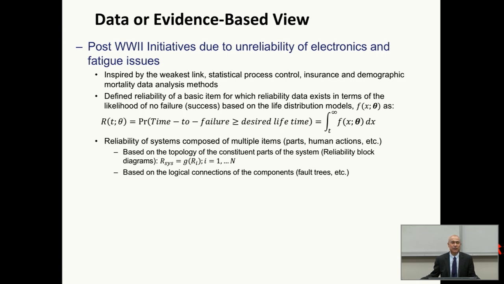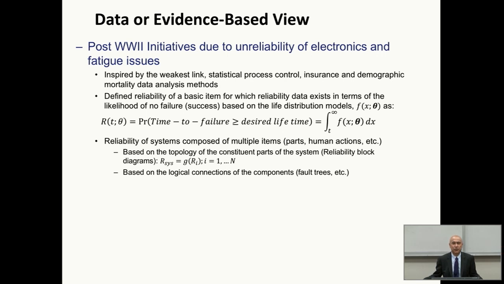Once you have the reliability of items for which we have the data, you can find the reliability of the system, which is a collection of different items. Typically, very complex systems are very reliable, and oftentimes we don't have enough data for them because they don't fail that often.